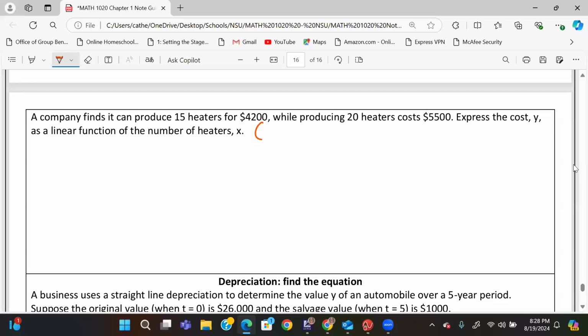So in an ordered pair, your x is your number of heaters and your y is the cost. So we do have two ordered pairs here. 15 heaters cost $4,200 to produce, while 20 heaters cost $5,500 to produce.